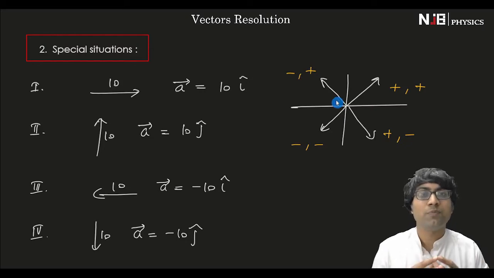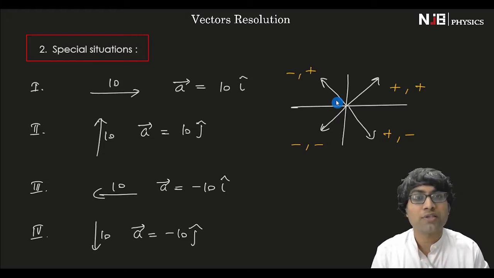And if the vector is making theta angle with the y-axis, then for writing the component along the y-axis you will use cos, and for x you will use sin. So in this manner you resolve these vectors along the x-axis and along the y-axis. We will see what is the benefit of resolving these vectors along the two mutually perpendicular directions like this.